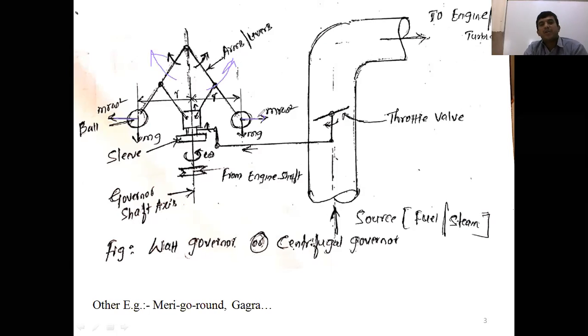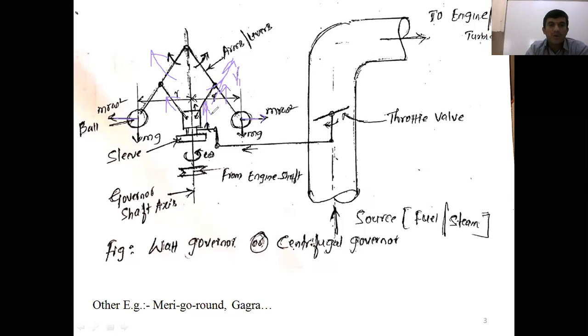Once the upper arm moves radially outward, the radius of rotation increases from R to R1. R1 is greater than R. The upper arm is connected to the lower arms, and the lower arms are connected to the sleeve. Once the upper arms move radially outward, the lower arms also move upward, and at the same time the sleeve moves upward.